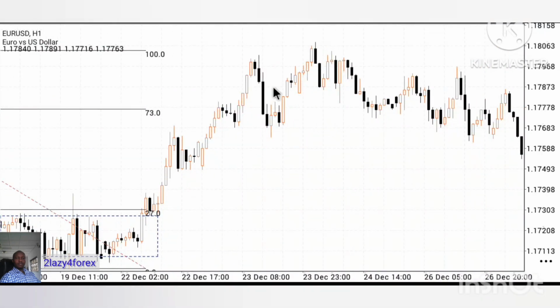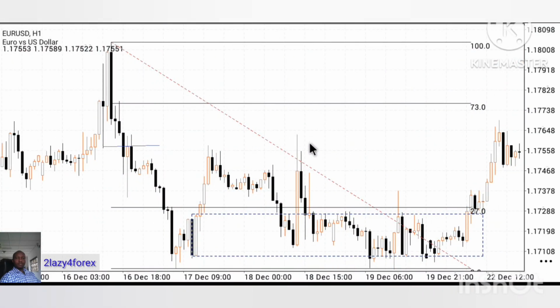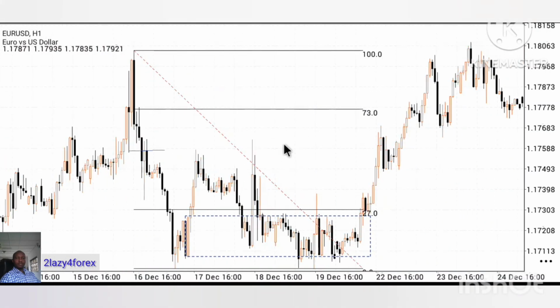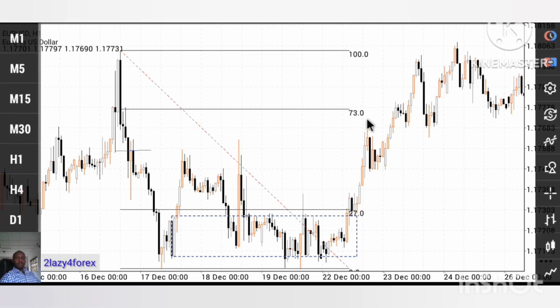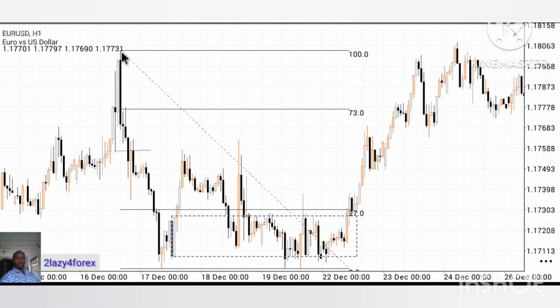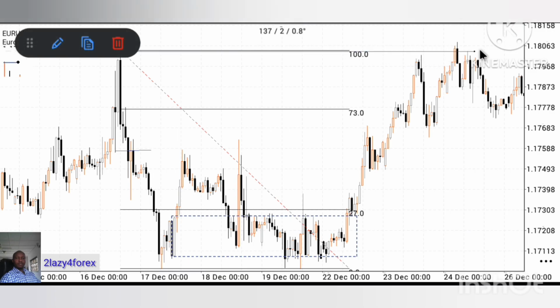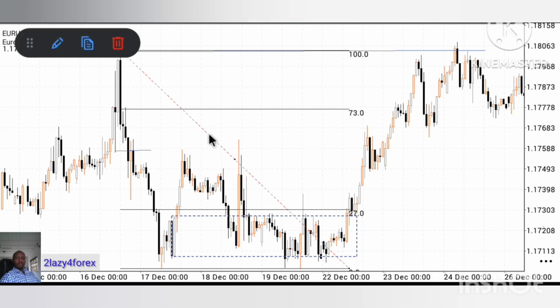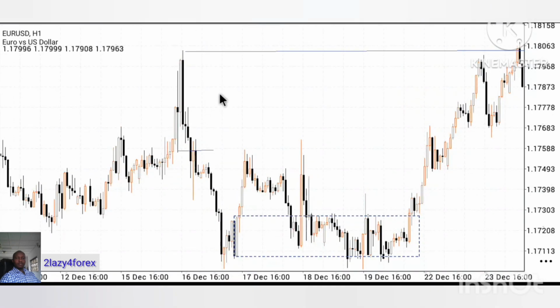Just look at it. So if you want to put a mark there, let's just place a mark there. Let's do it like this. So once we've marked our candle, we can remove the fib, so it makes it easier to see.